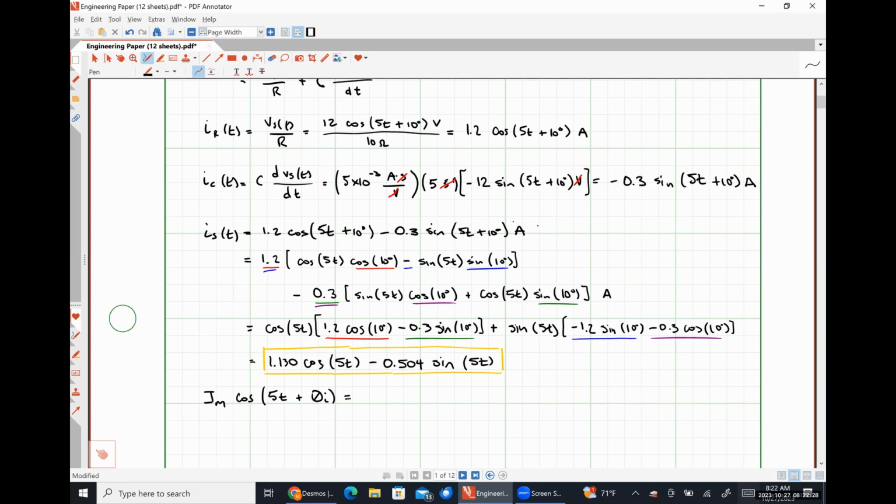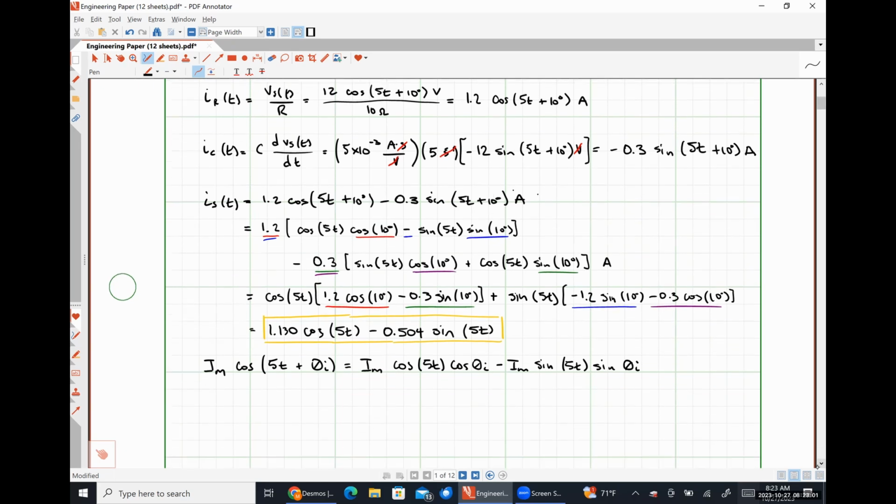If we used one of our trig identities, we could say that this would be I_m times cosine 5t cosine theta_I minus I_m sine 5t sine theta_I.